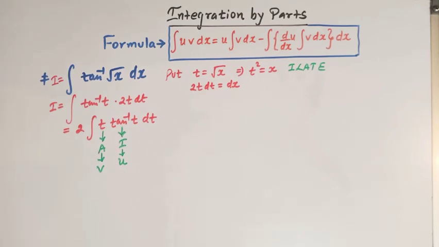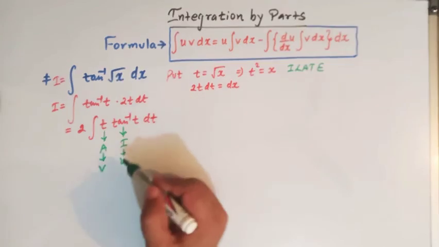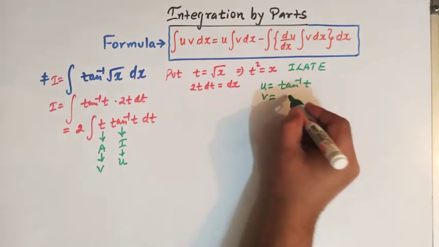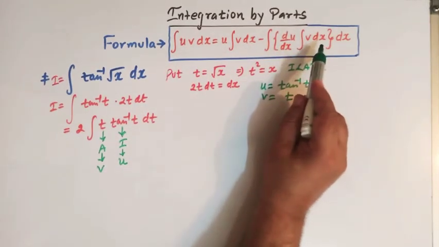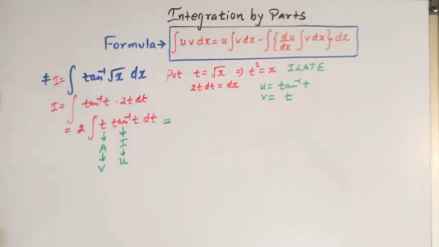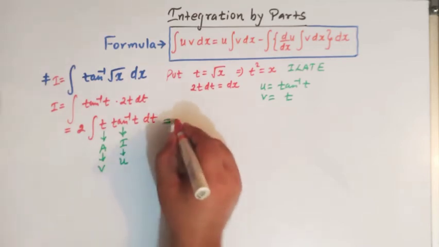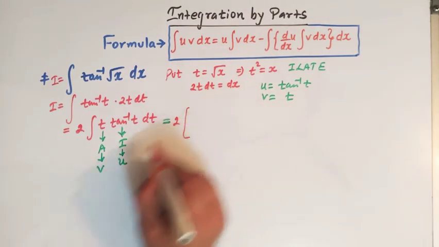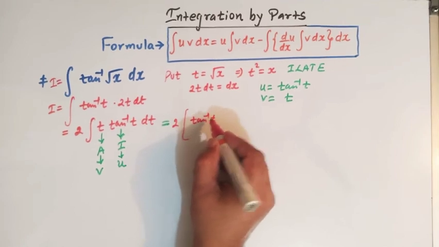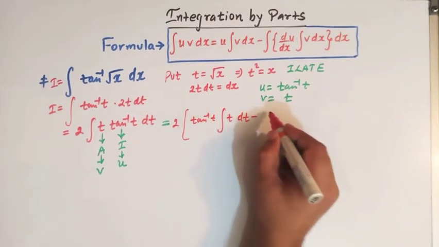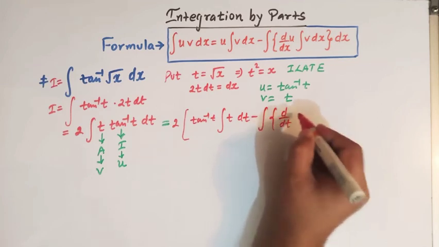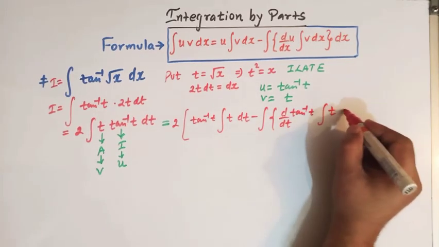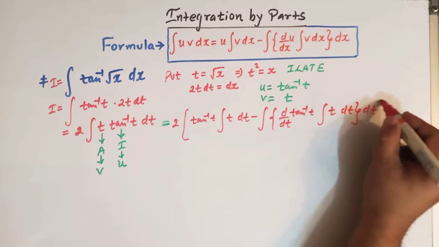Now substituting the values of u as tan inverse t and v as t in this formula, we can write 2 times the integral of t tan inverse t dt as: for u we have tan inverse t, then integral of t dt, minus integral of the derivative of tan inverse t, then the integral of t, dt, plus c.